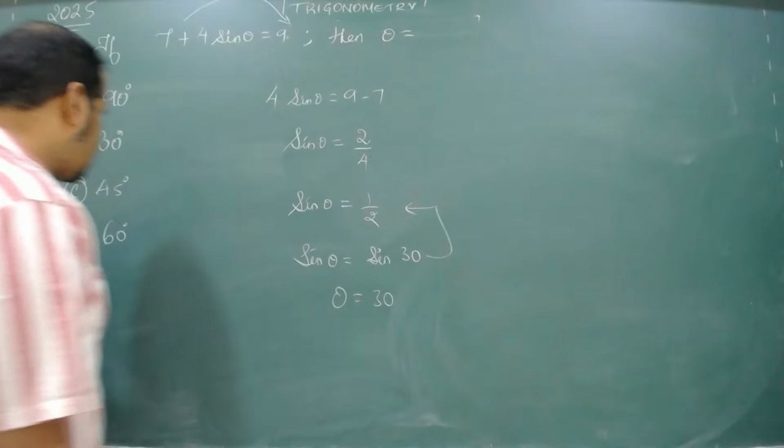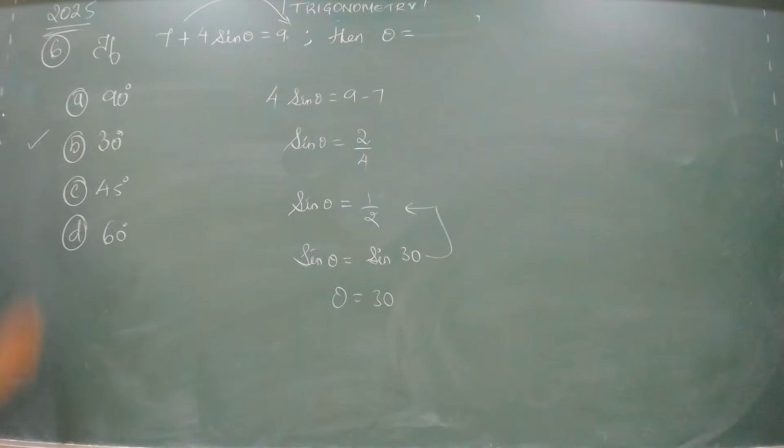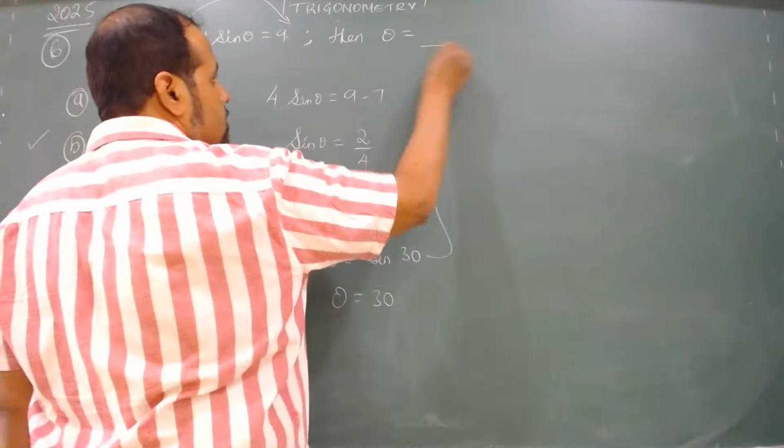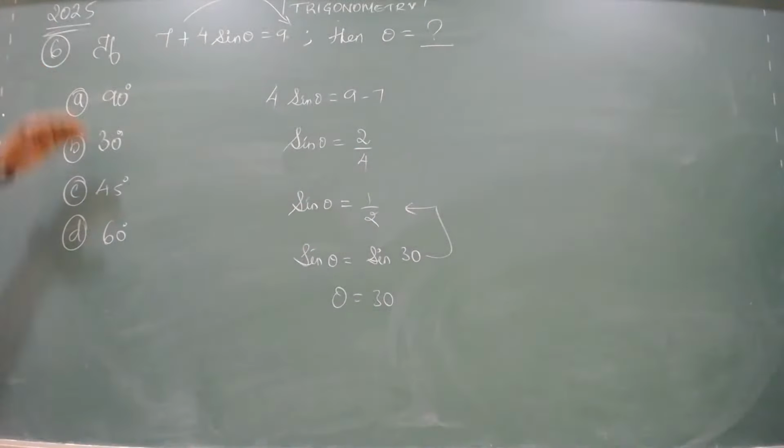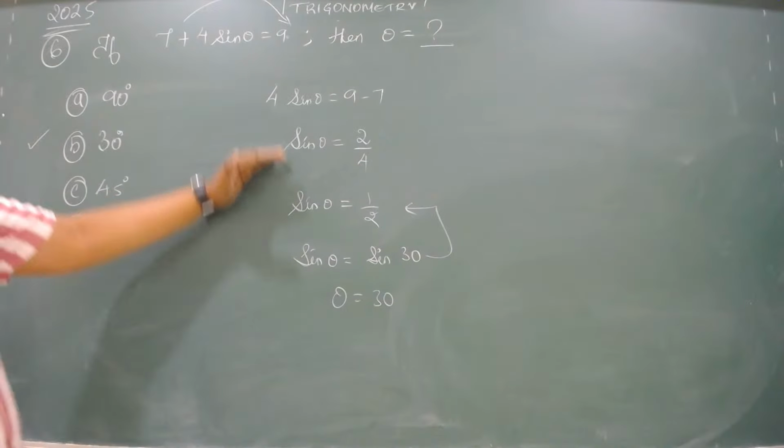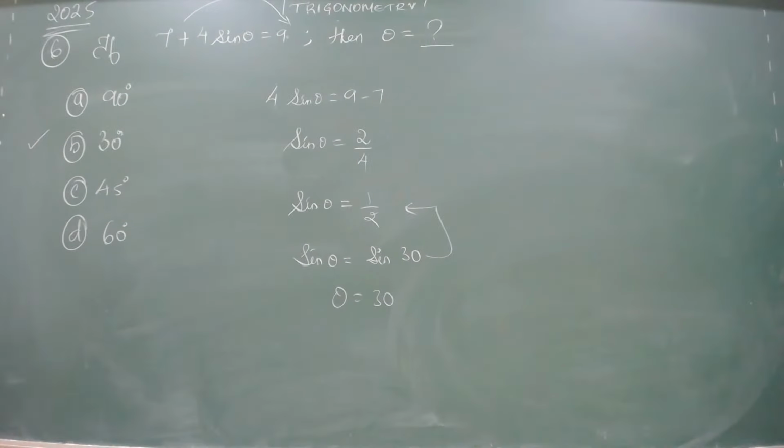Therefore, I can say that theta is 30 degree. Take note. So on simplifying, 4 options are given: 90, 30, 45, 60. I get theta is equal to 30.